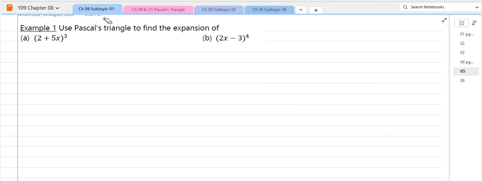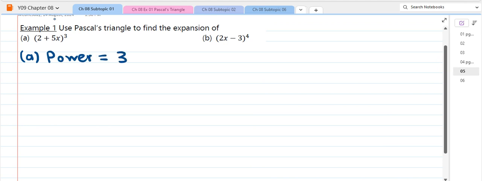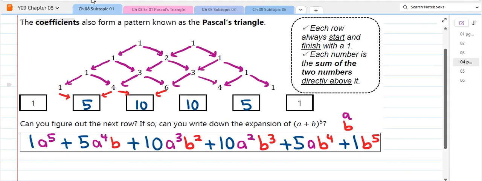So here, we have to take note of the power first, which is to the power of 3, the index. So here, based on the power, it will determine which row are we going to use. So if it is power of 3, then you will use the third row of Pascal's triangle to write down the coefficients.